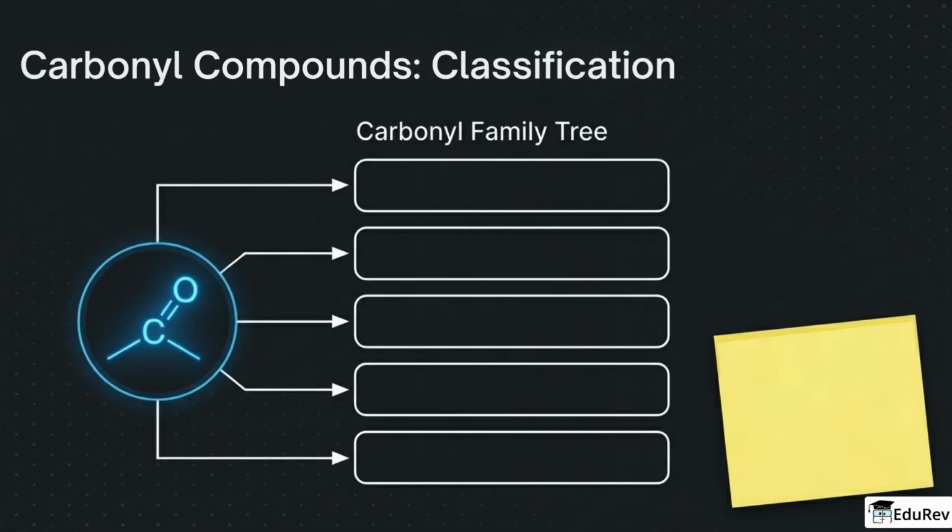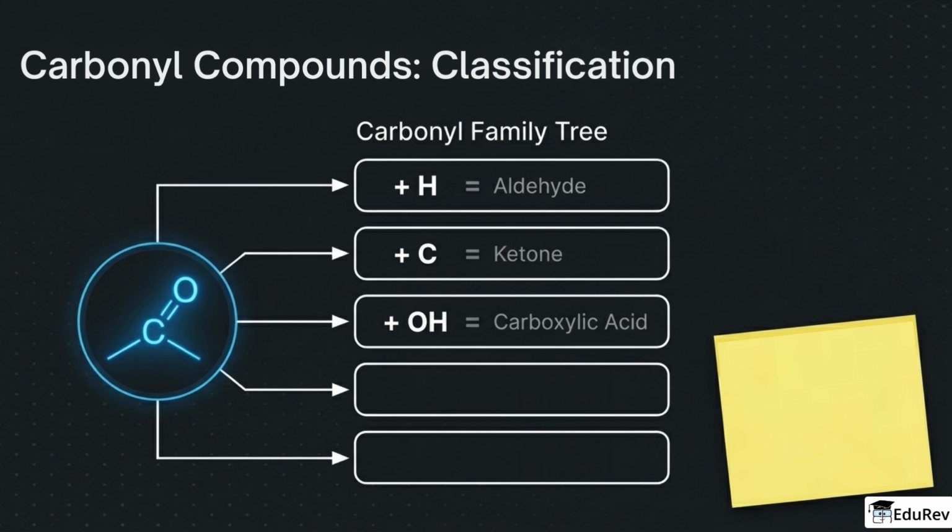The easiest way to classify carbonyl compounds is to look at what is attached to the carbonyl carbon. If it has hydrogen, it is an aldehyde. If it has carbon groups on both sides, it is a ketone. If it has OH, it is a carboxylic acid. If it has NH2, it is an amide.